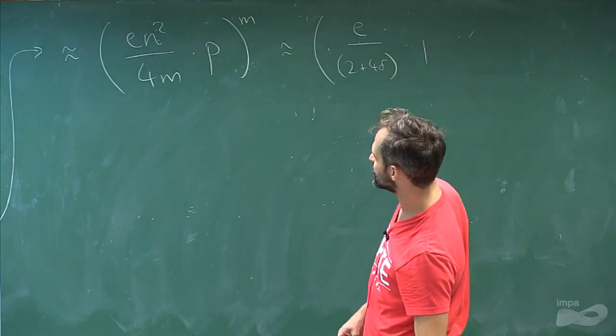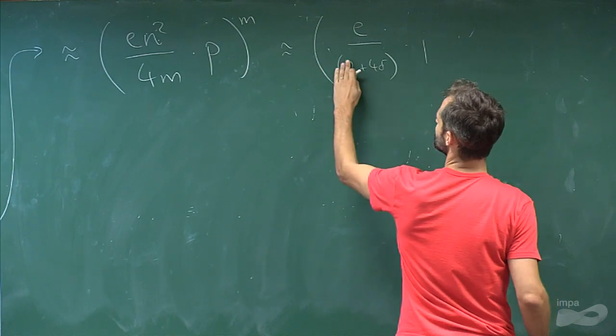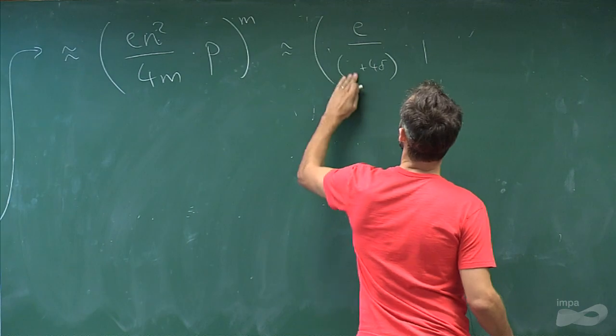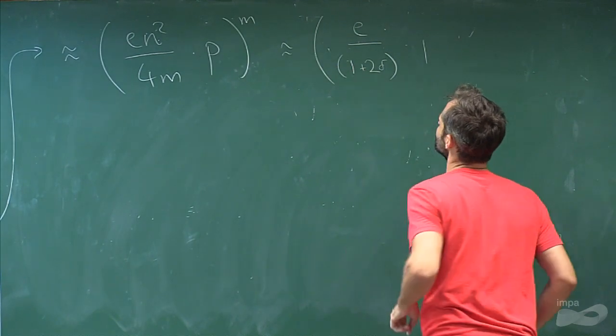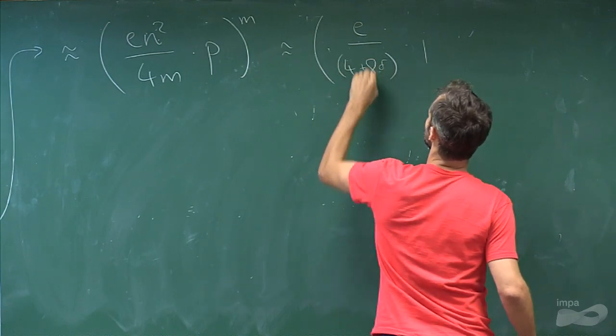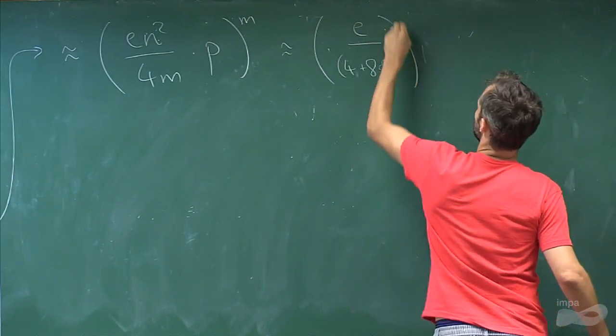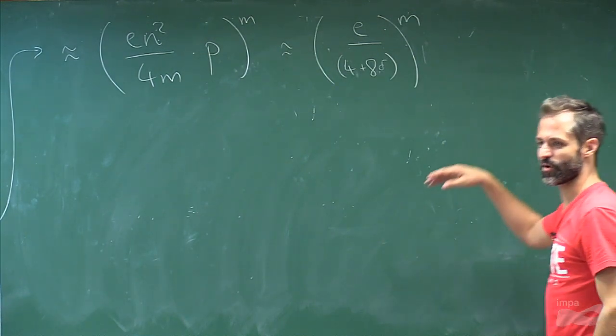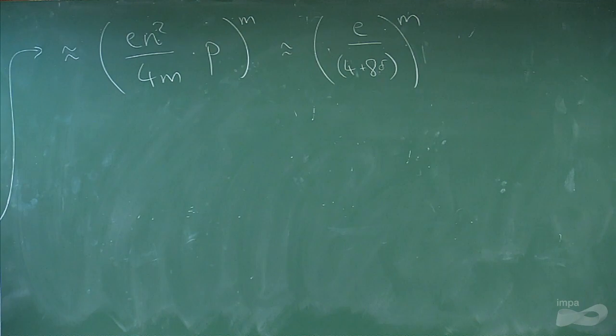The pn squared cancel. Sorry, there's a 2 here as well, so it's really over 4. So 1 plus 2 delta. Is that right? That's the wrong way around. Sorry, 4 plus 8 delta to the m. But delta is small, so don't worry about it. So it's basically e over 4.